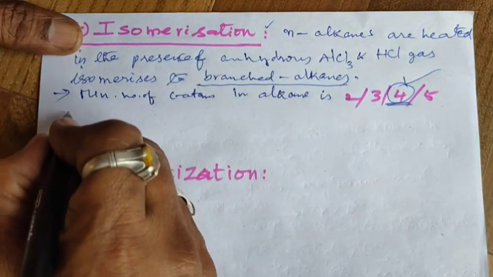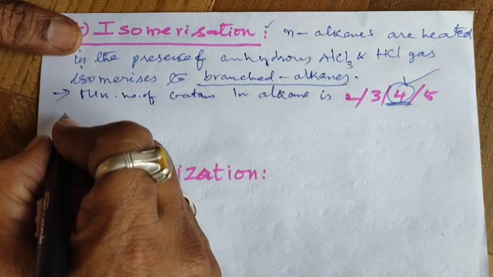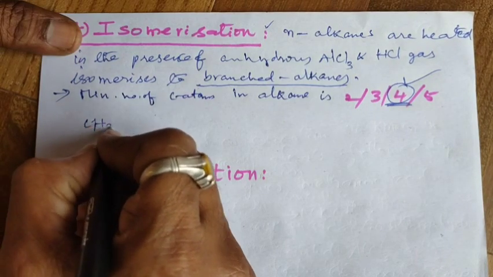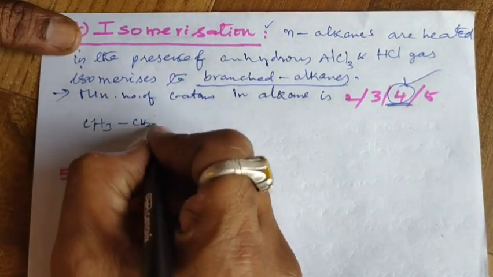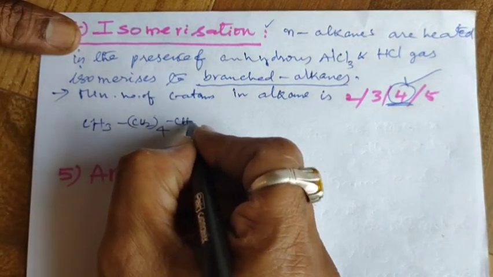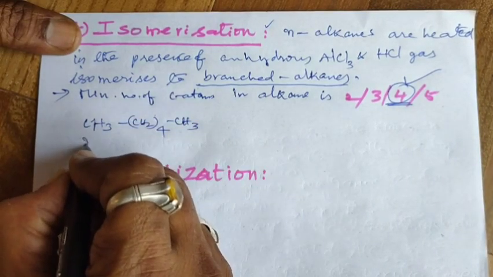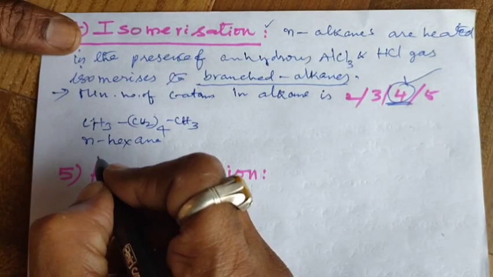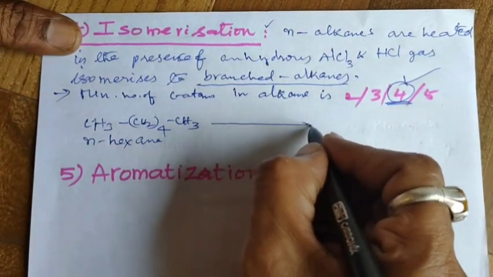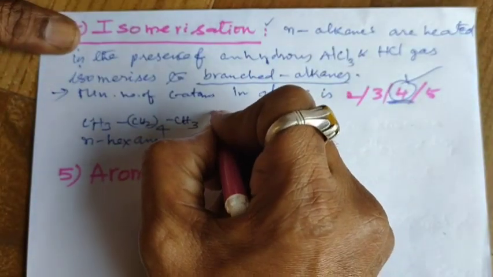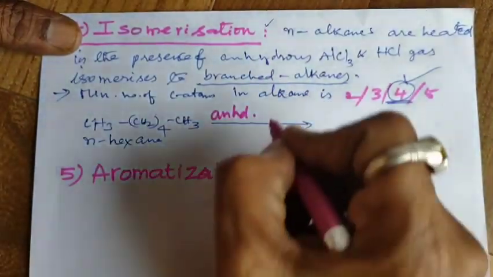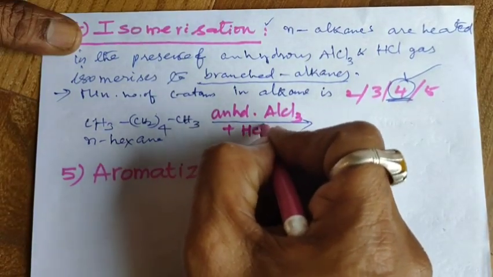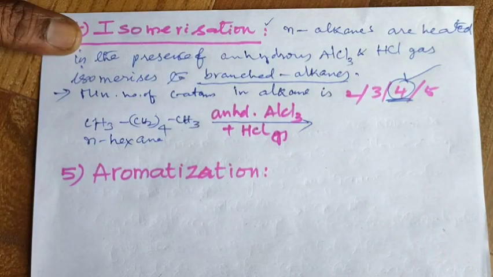This is answered. Yes. Take the simple example which is given in the textbook, n-hexane, CH3(CH2)4CH3, a reduced formula, and it is an unbranched 6 carbon compound. n-Hexane is heated in the presence of anhydrous AlCl3 and HCl gas. Then what is observed?